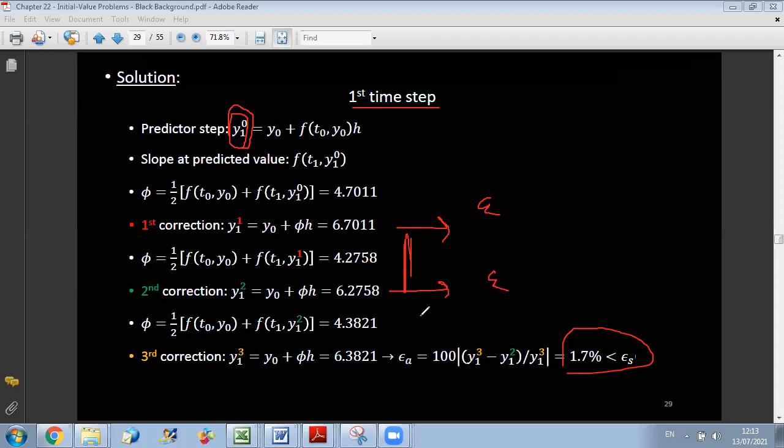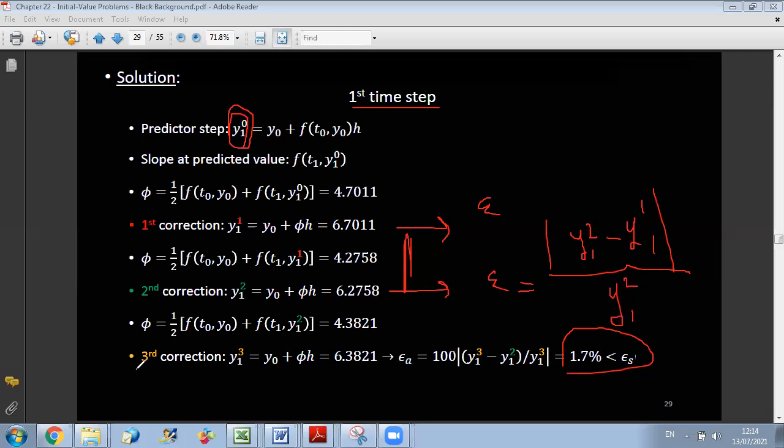Then your criterion will not be satisfied, because now if you calculate epsilon as the absolute value of y_1^2 minus y_1^1 over y_1^2, you will get a value larger than 2%. So you will say, no, I should not stop, I should continue, I should do a third correction.